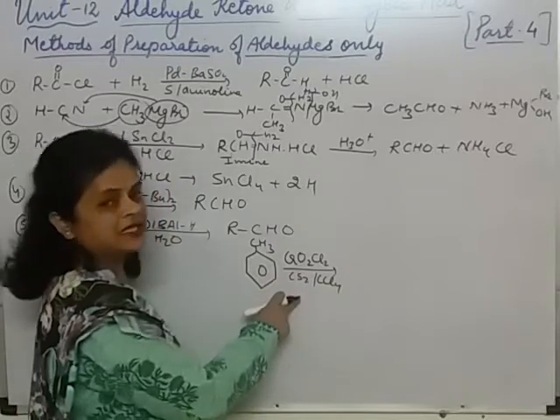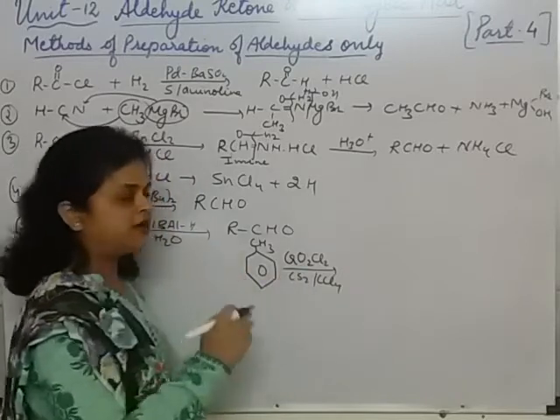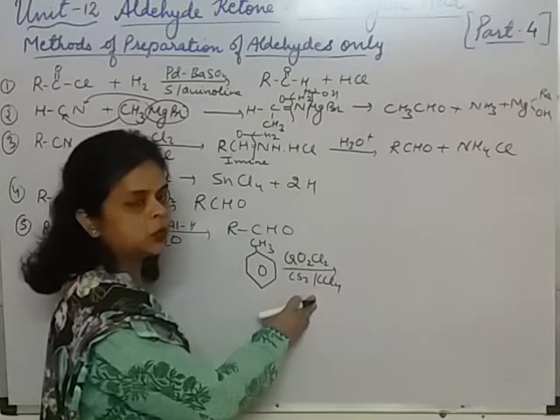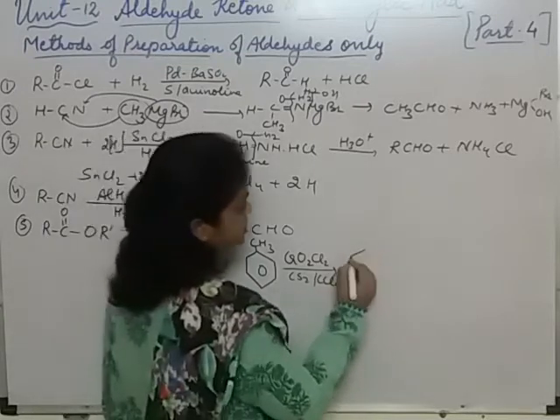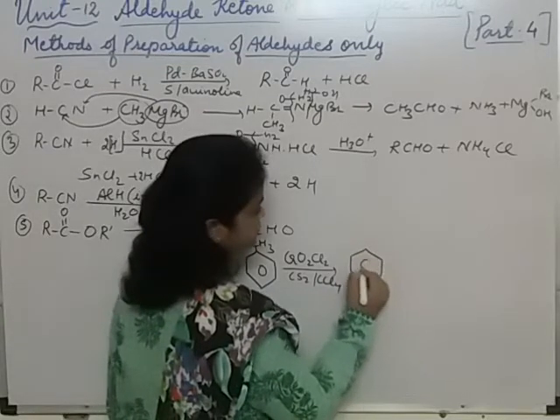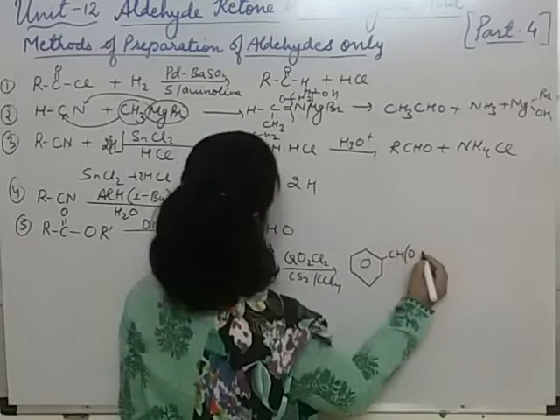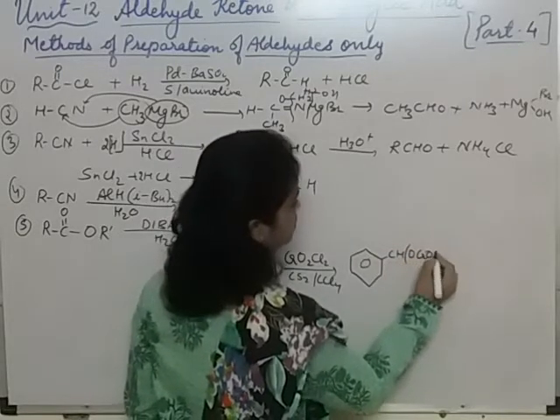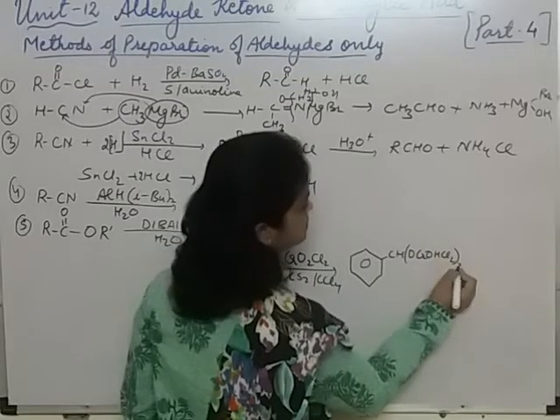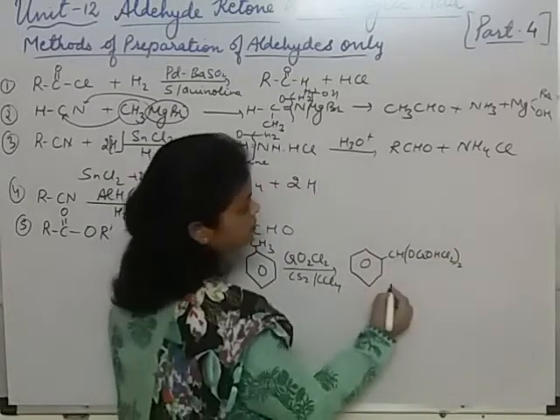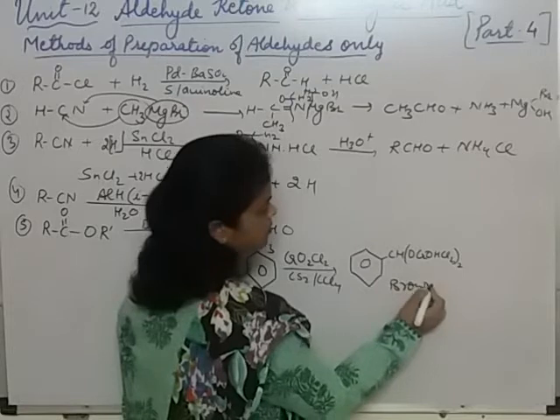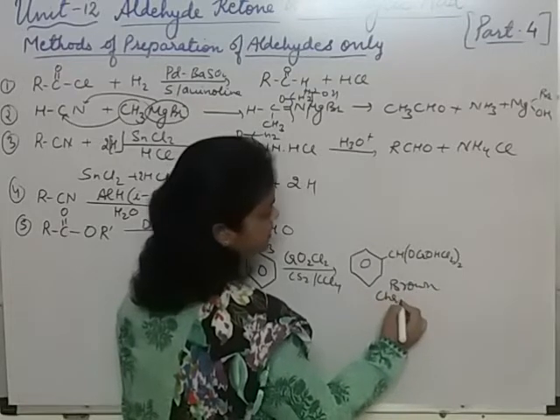First, when it is treated with chromyl chloride, CrO2Cl2, in presence of CS2, carbon disulfide, or CCl4. I told you this is the Etard reaction, this is chromyl chloride, and first it will form a brown colored chromium complex. Let's draw the structure of that. CH, O, CrOH, Cl2. Okay, this is the brown chromium complex.